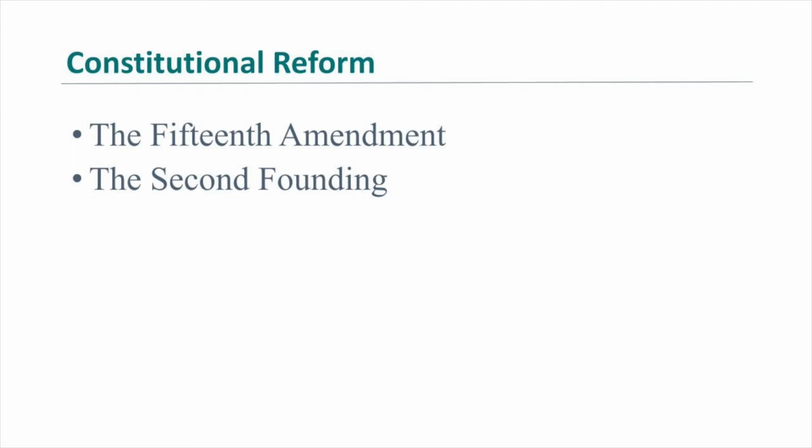The 15th Amendment enabled states to make suffrage restrictions not based on race, however, but based on things like literacy tests, property requirements, poll taxes, and also the 15th Amendment did not give the right to vote to women. But it represented the culmination of the abolition of slavery.